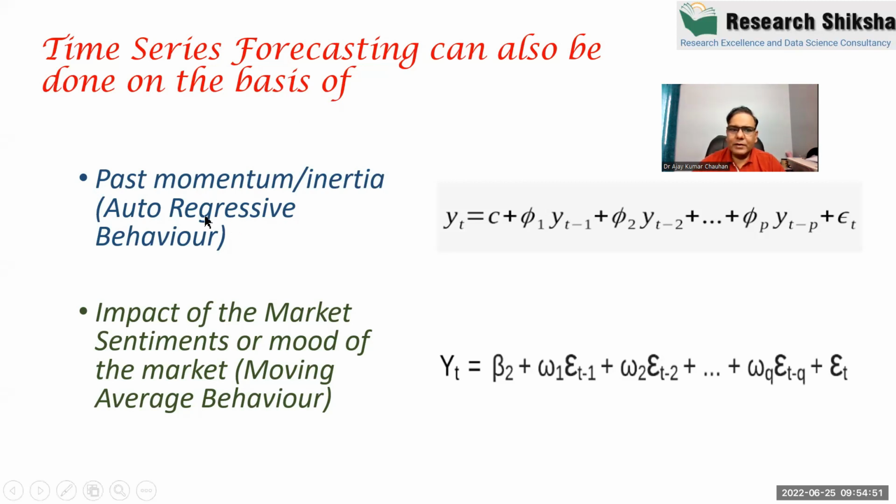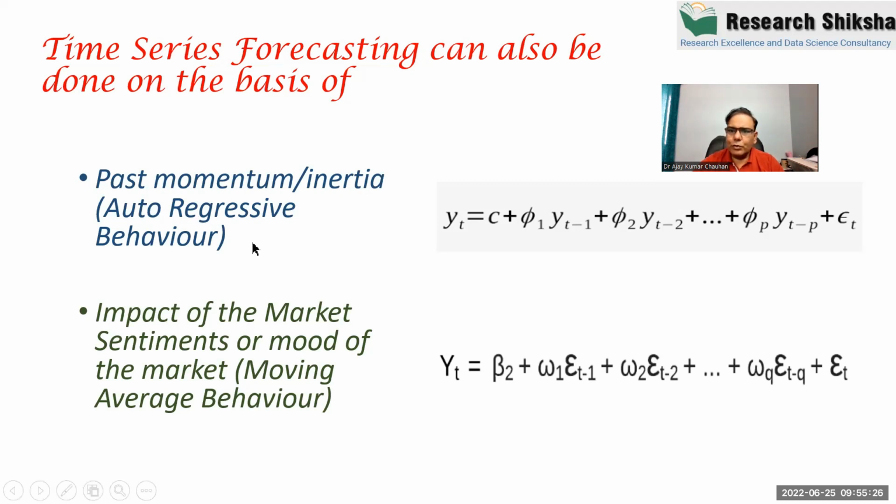If any series is having some momentum, also known as inertia, in science we call it inertia, this information can be used to forecast. And this concept is called autoregressive. Autoregressive means the past behavior is important to forecast its future value.